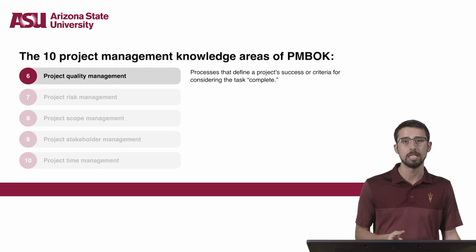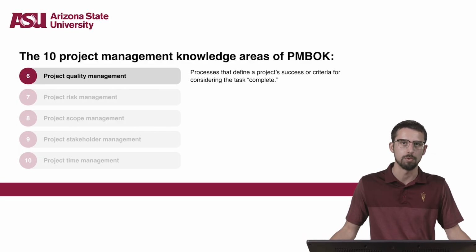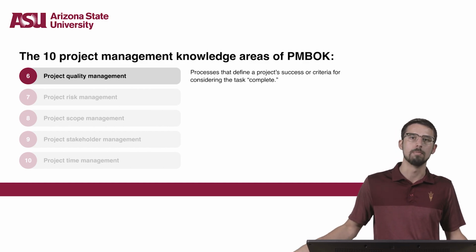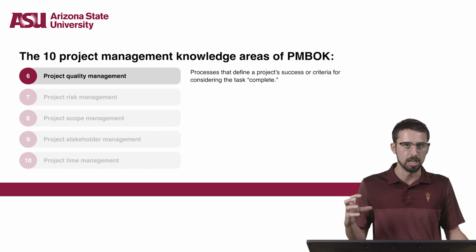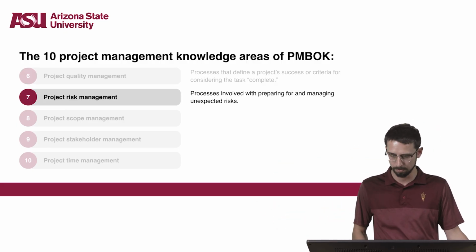Project quality management are the processes that define a project success or criteria for considering the task complete. The team will manage quality at every stage of the project, from planning to continuous performance improvement.